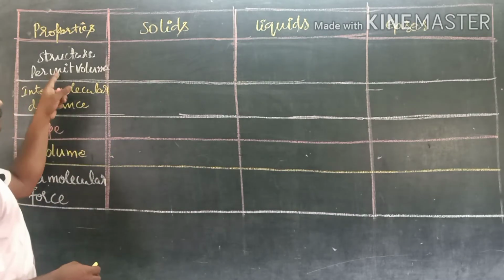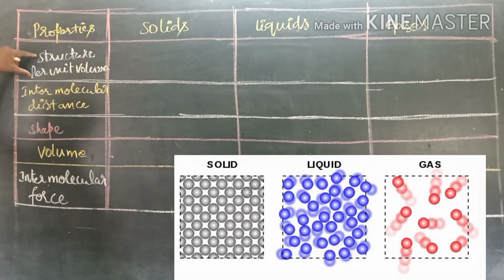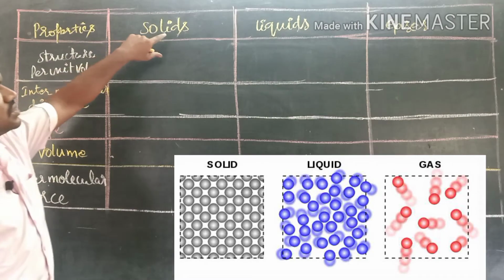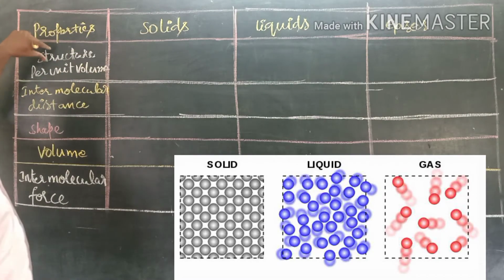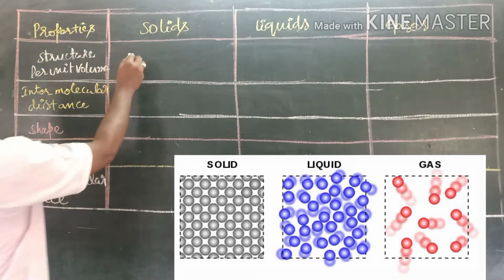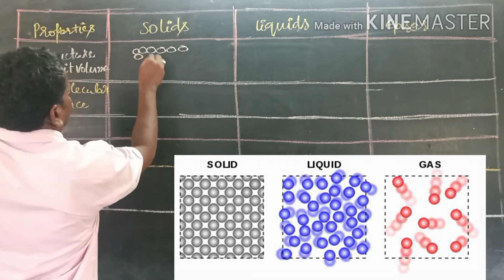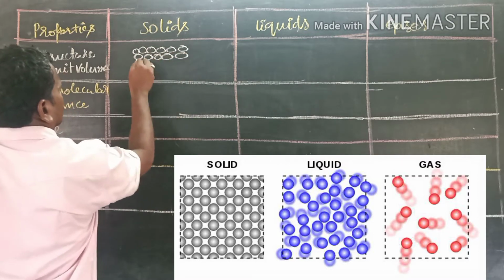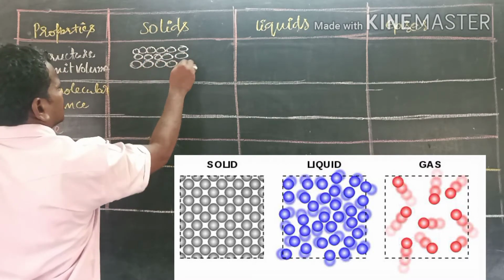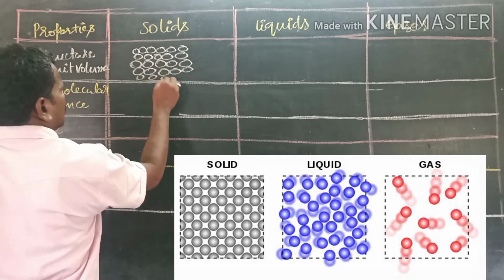Now let us come to the first one. What is the structure of molecules per unit volume in a solid? We already know that all the molecules are closely arranged per unit volume.